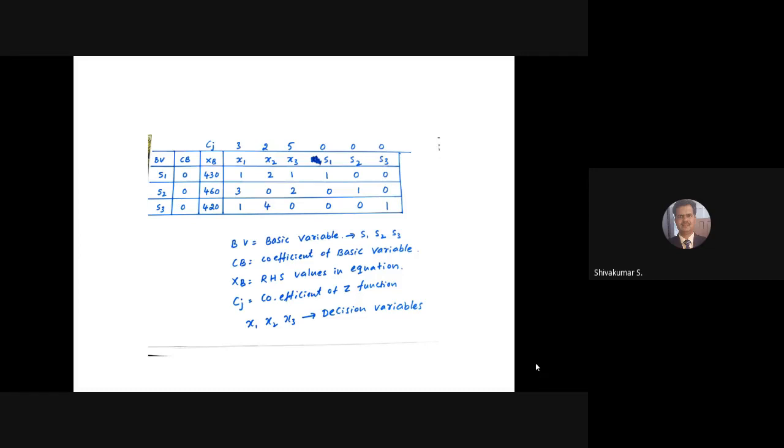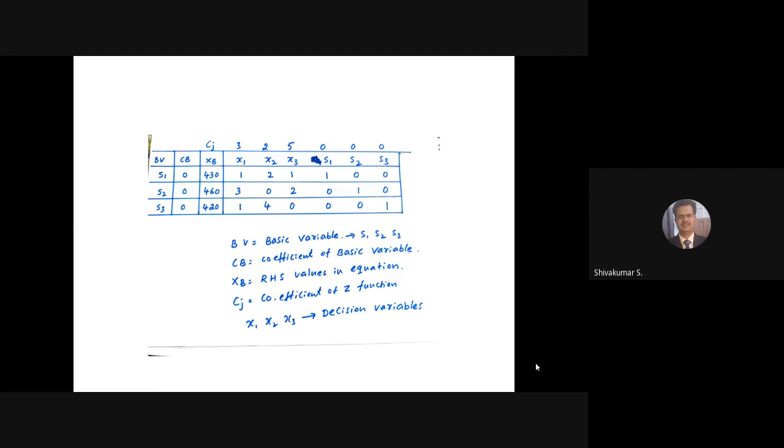Now fill the matrix using the coefficients of the first equation. First equation: x1 plus 2x2 plus x3 plus s1. So write down the coefficients 1, 2, 1, 1. There is no s2, s3, so 0, 0. Correspondingly, the second equation has 3x1 and 2x3. There is no x2, so put 0 there. 3, 0, 2, 0.